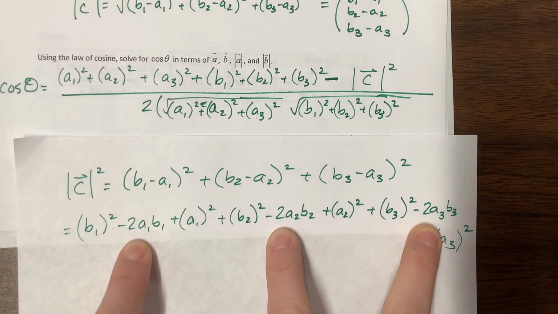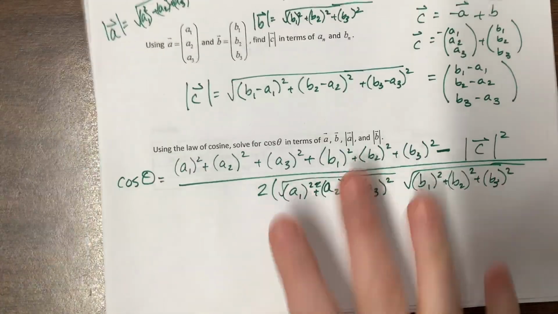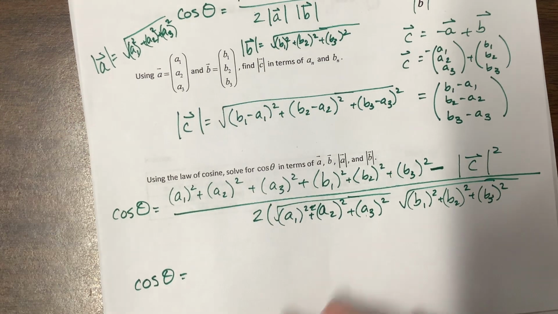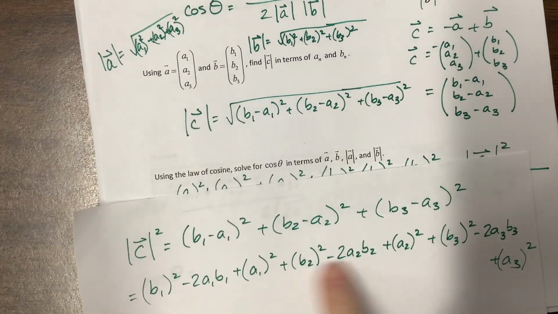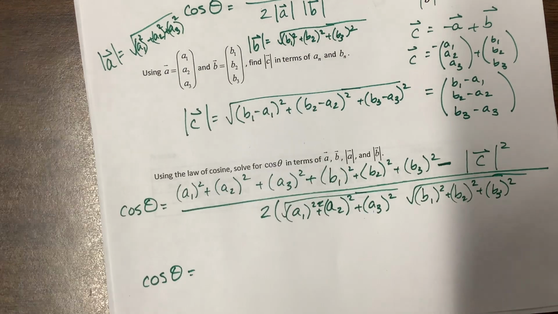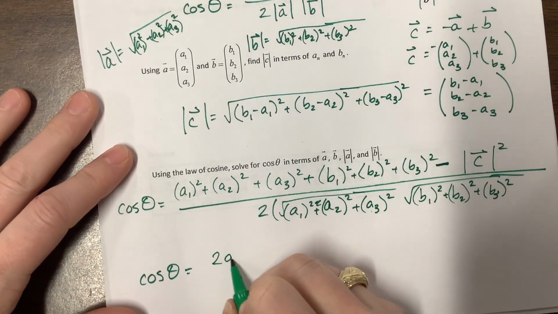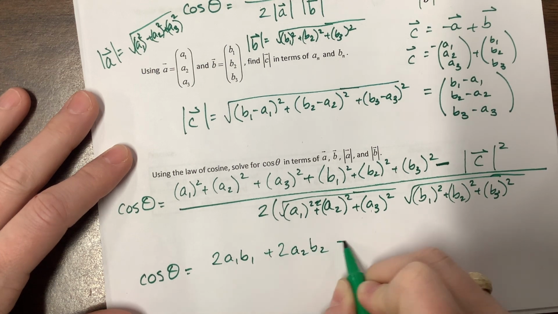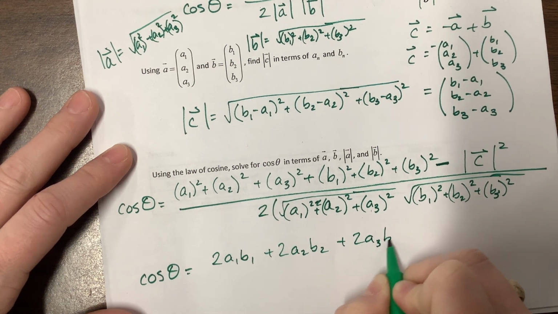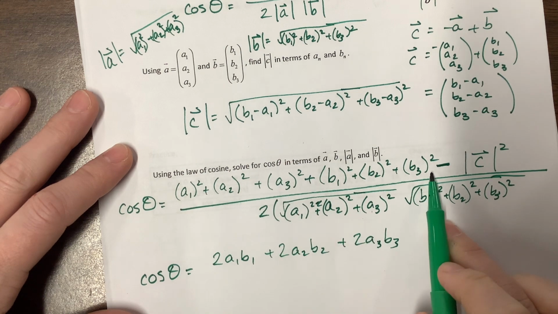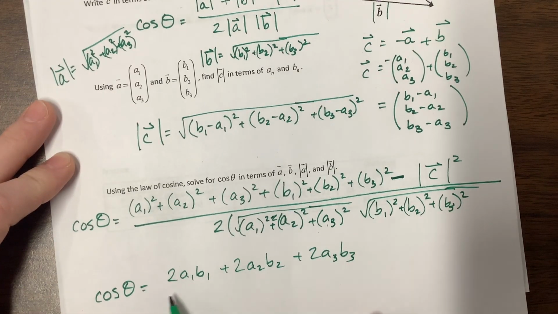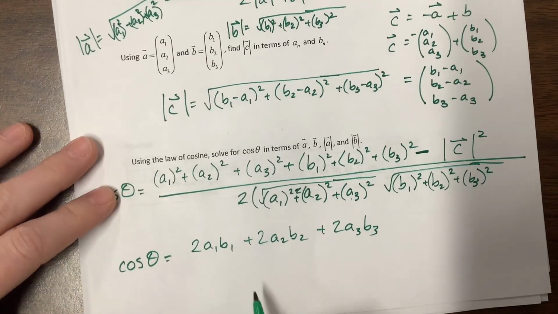So what's about to happen is that cosine of theta is equal to these right here without the negative. So it becomes 2a1b1 plus 2a2b2 plus 2a3b3, because everything else canceled when I expanded this, and then I distribute the negative through, and those terms became positive.